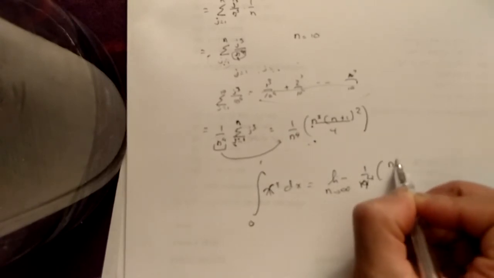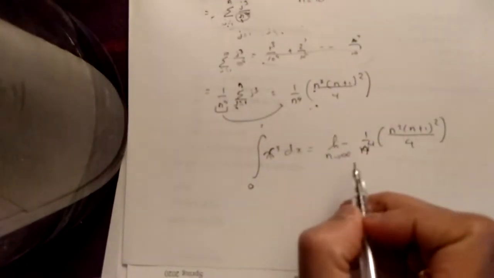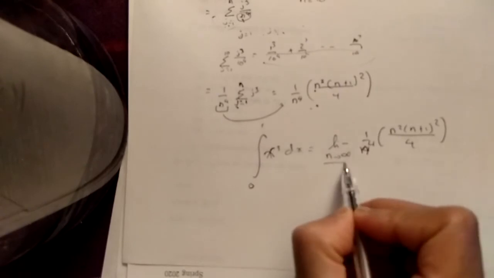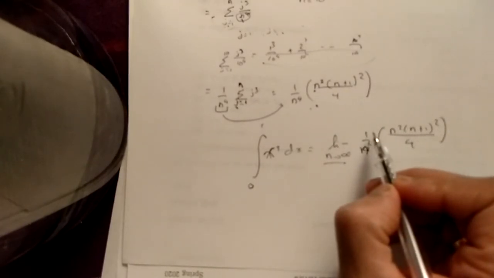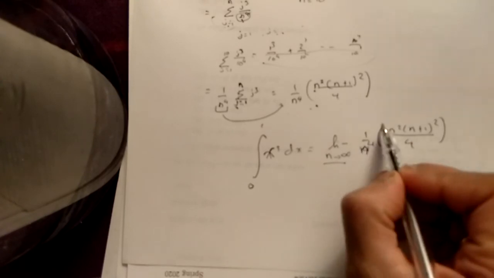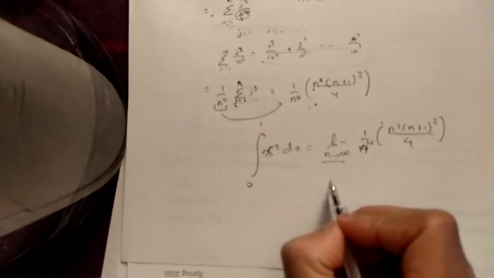n to infinity of n squared times n plus 1 squared over 4, okay? And how should we compute the limit of this one? Since this is an infinite limit, just take out the highest powers from both numerator and the denominator, and you will end up with 1 over 4.